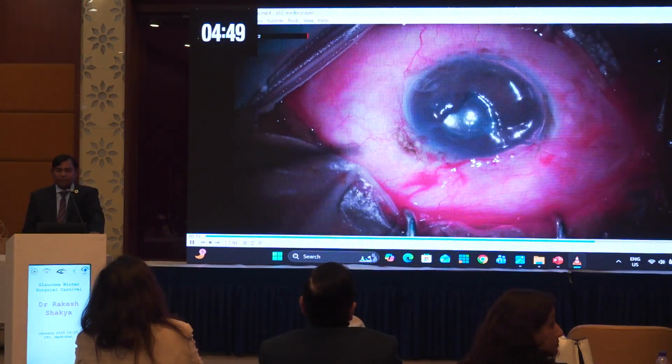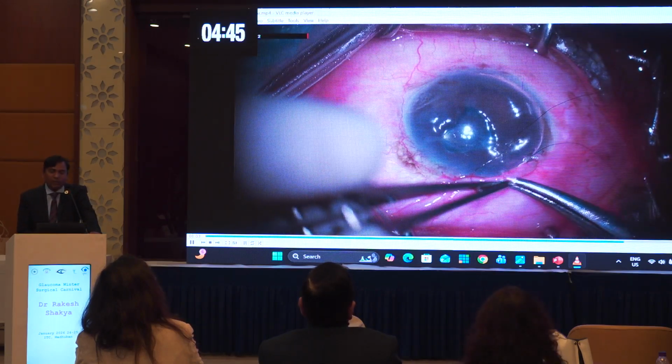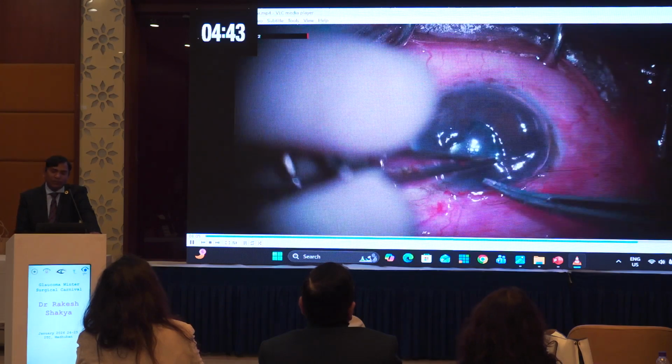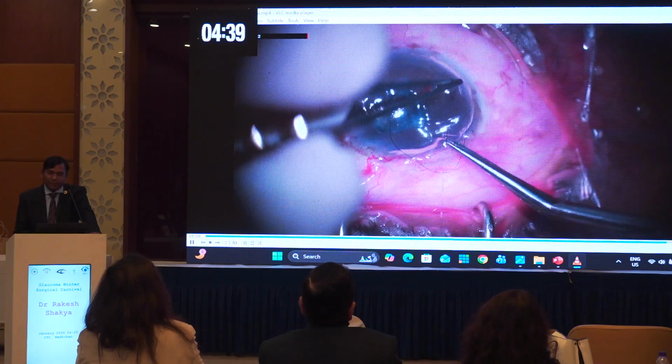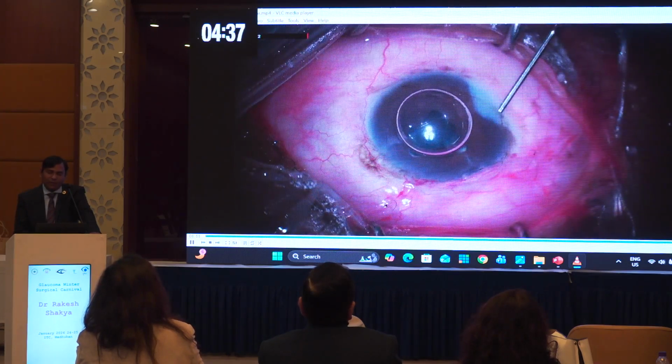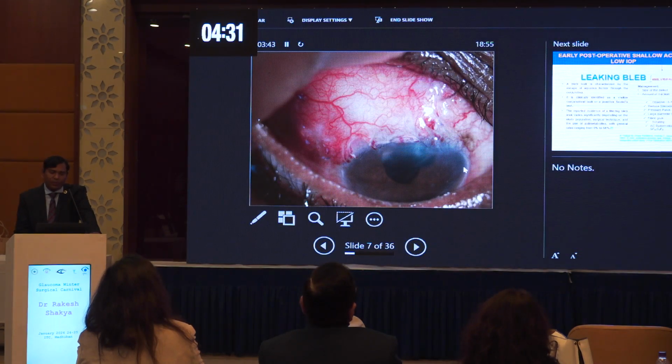On both sides we sutured properly, and one suture was also put in the central part, so that the bleb is formed properly. This is the post-op picture of this patient, who is doing well.